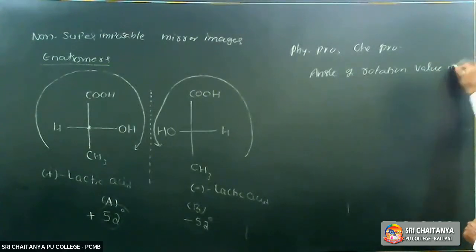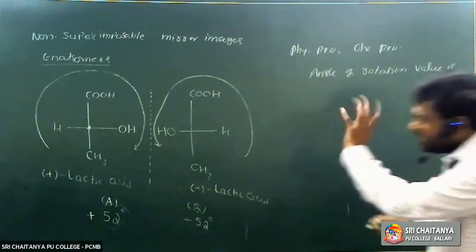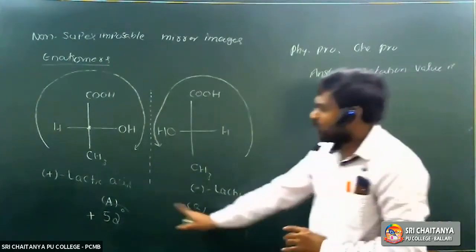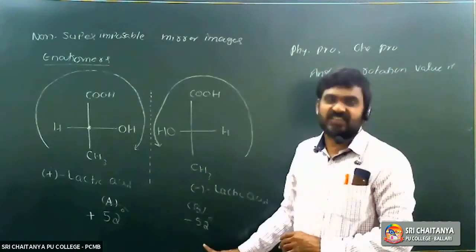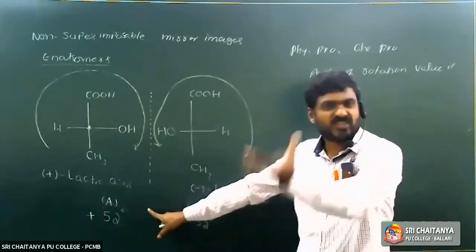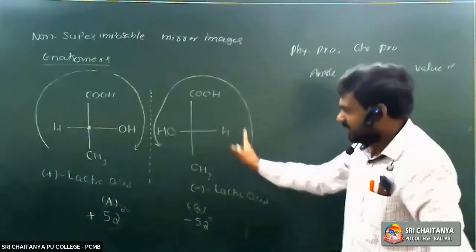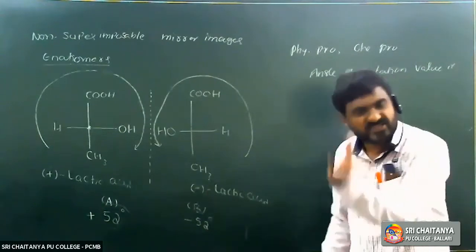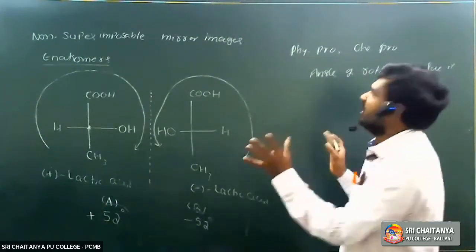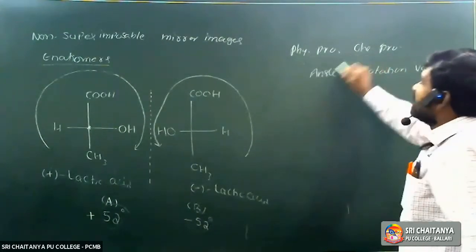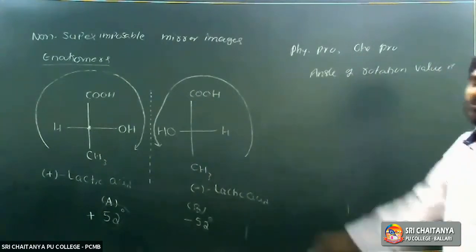But what is the difference? They differ in optical rotation, in opposite directions. The first compound rotates towards the right hand direction, hence its mirror image rotates plane polarized light towards the left hand direction. So these are the similarities and differences between enantiomers.